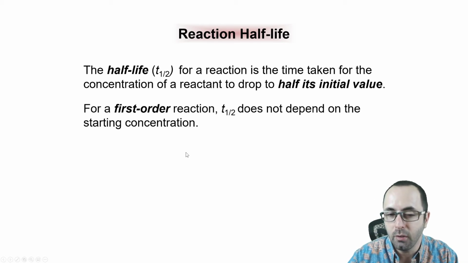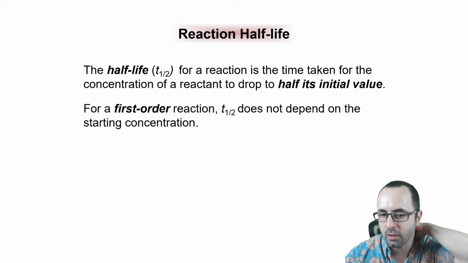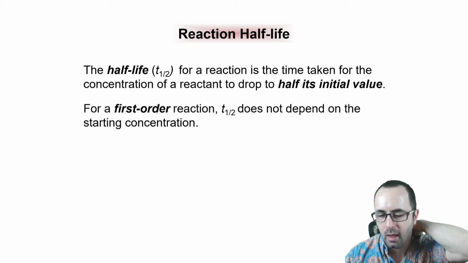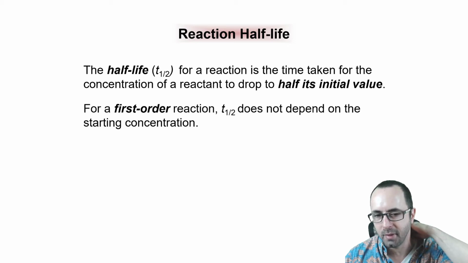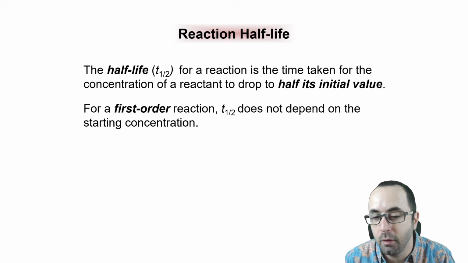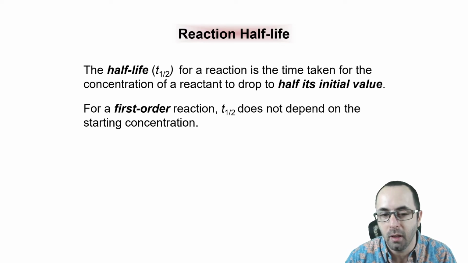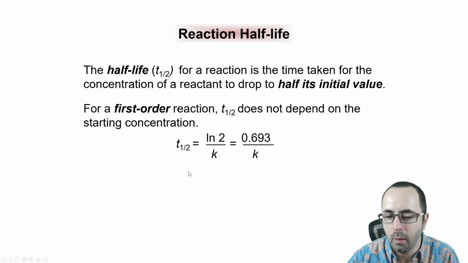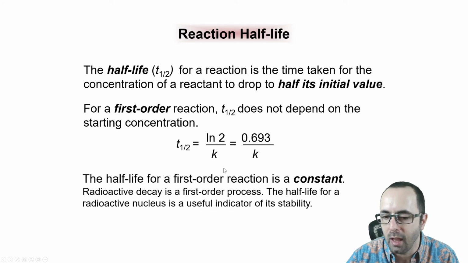So one interesting thing is that for a first order reaction, the half-life doesn't depend on the starting concentration. And that is why the half-life of radioactive materials doesn't depend on the amount that you start with. It's because it's a first order process. So as I demonstrated to you before, the half-life for a first order reaction is the natural log of 2 over k.